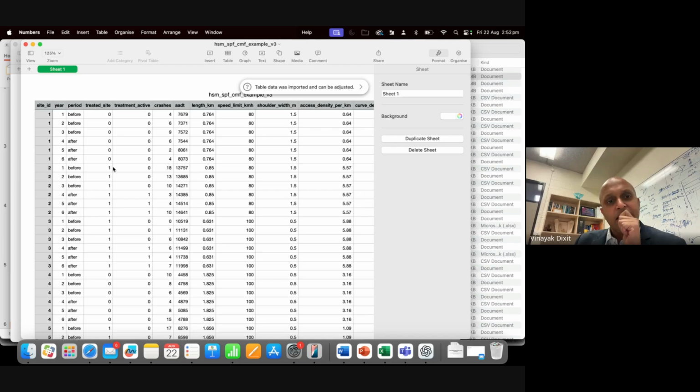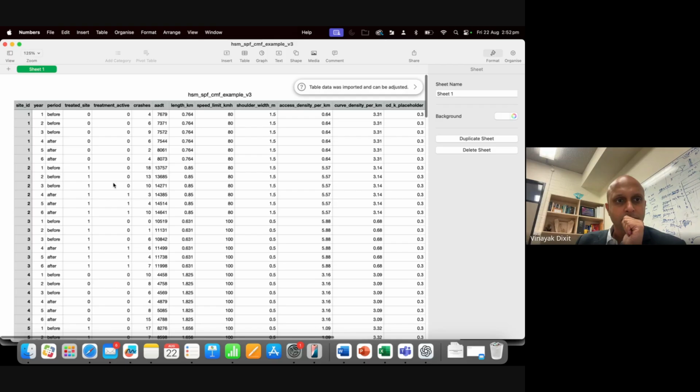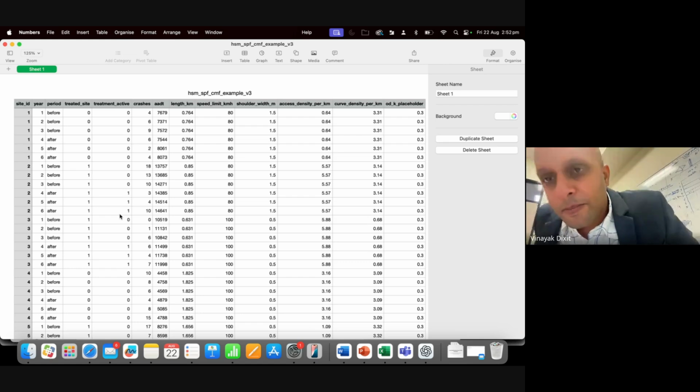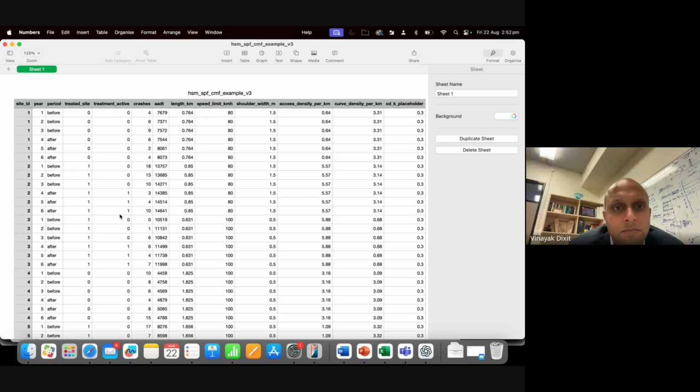This synthetic data has several variables. There is the treated site, and whether treatment is active.